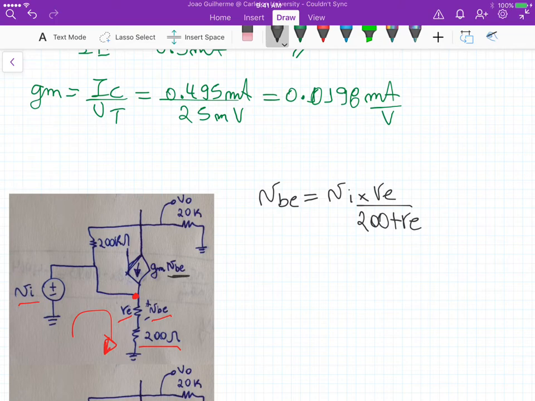Now if we look at the current flowing through this 200k ohm resistor, let me call it I200k. Because we are assigning this direction for the current, it's the potential here minus the potential here divided by 200k. This potential here is V naught minus this potential here, which is VI, divided by 200k.